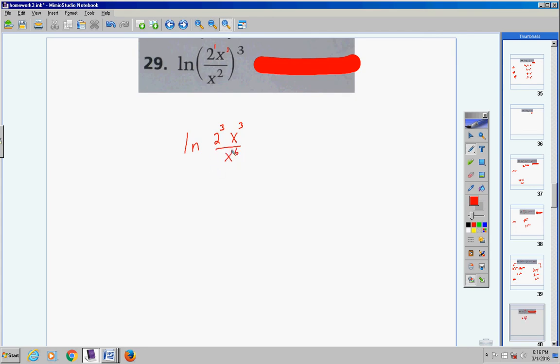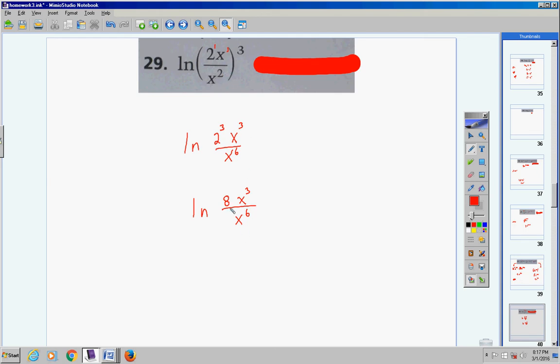And then you can simplify your argument here. So now we have natural log of 8 over x to the 3rd, x to the 6th. Now we're dividing like bases, correct? I'm going to do a bunch of simplifying here, guys, before I try to expand this. If you can simplify your argument, always do that.